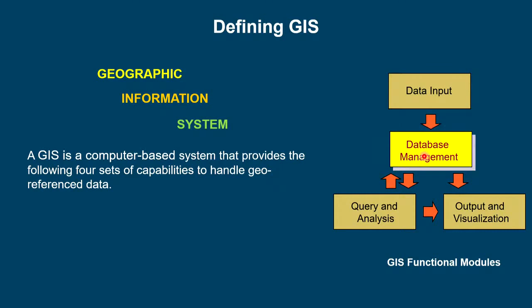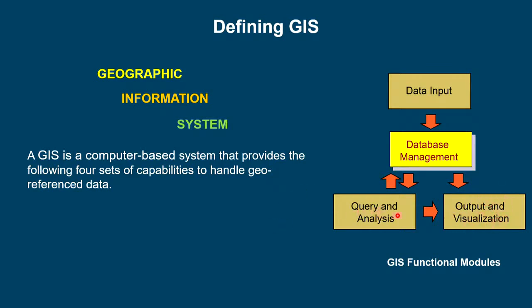Once the database is there, you can perform any number of queries related to the data in the computer system, and you can perform certain analysis in order to generate useful information from the data available within the computer systems. After analysis you can display the data, or you can generate different types of outputs for many applications.